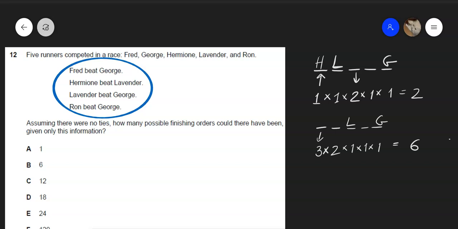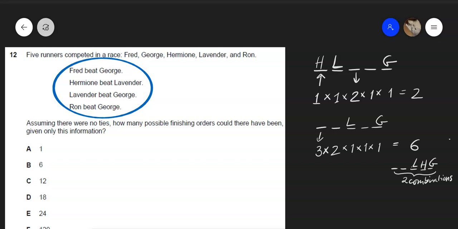But within the 6 combinations, we must exclude the ones that have Hermione after Lavender. So it will be the combinations when we have either Fred in the first place or Ron in the first place. So there are two such combinations.